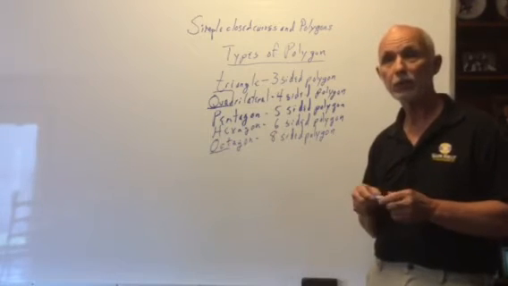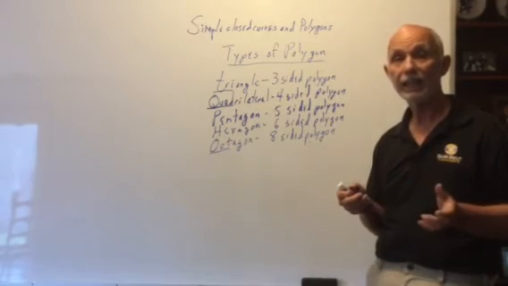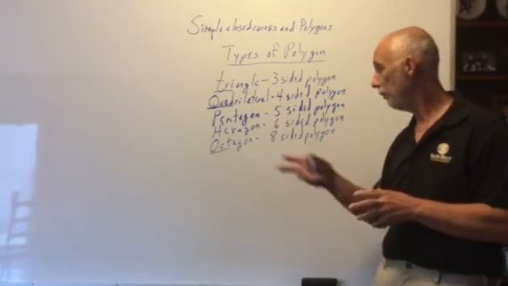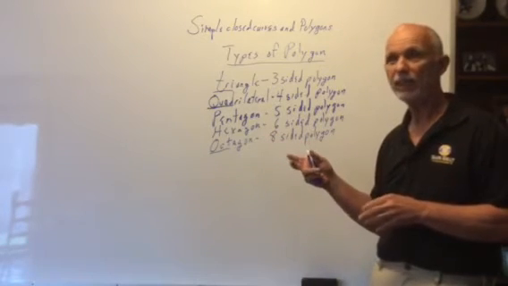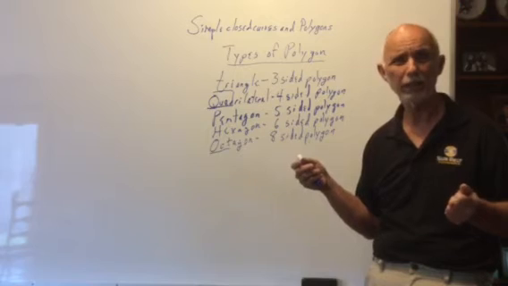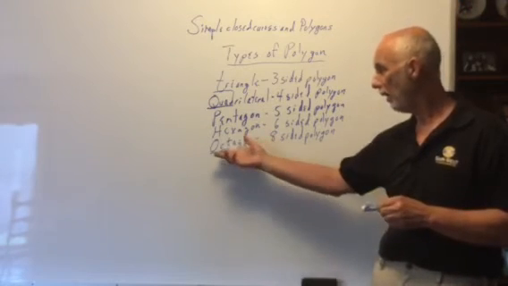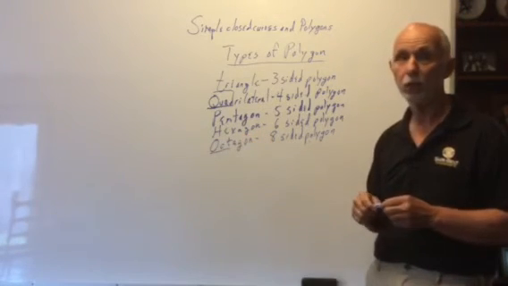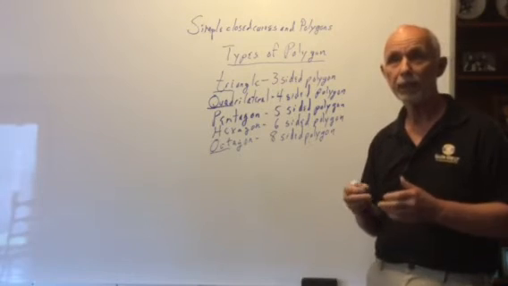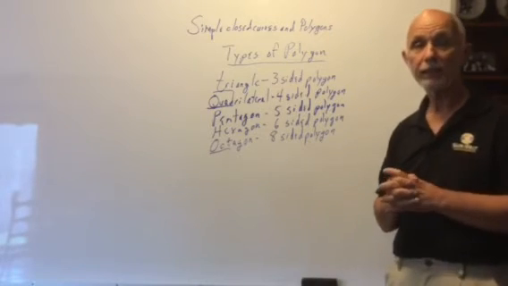And what does an octopus have? It has 8 legs. By the way, October is the 8th month. Wait, October is not the 8th month, it's the 10th month. You go, well then why did they call it October if oct means 8? Because originally October was the 8th month.